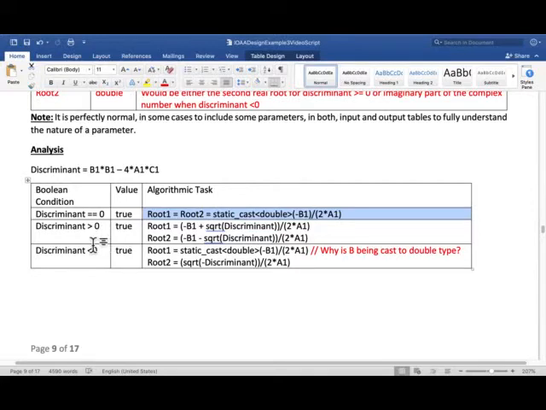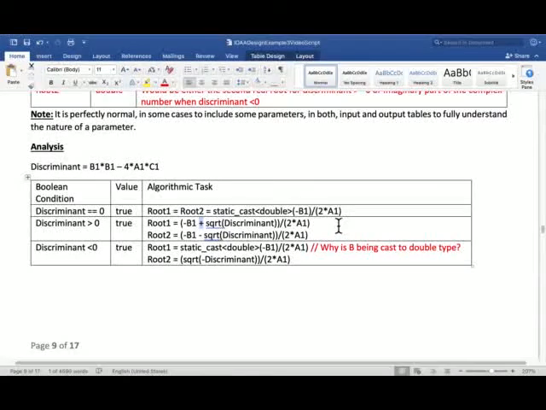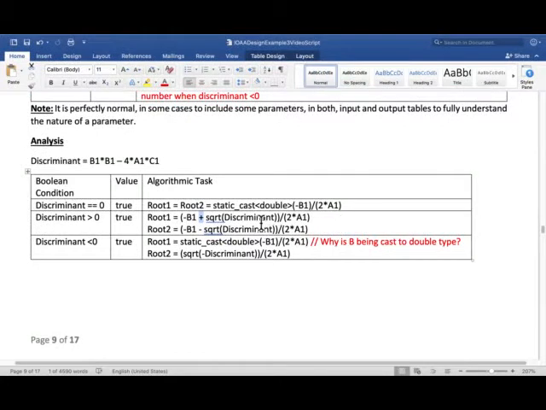But if discriminant is greater than 0, then we do have two separate values for root 1 and root 2. In this case, you have the plus in between these two. In this case, you have the minus. Okay, SQRT returns a double type, so I don't need to cast anything in this case.